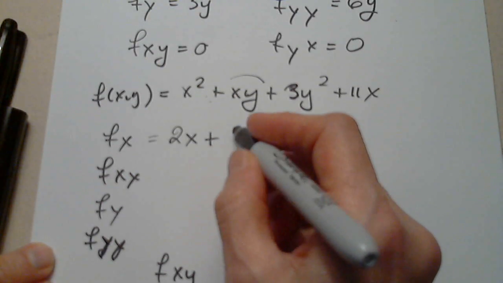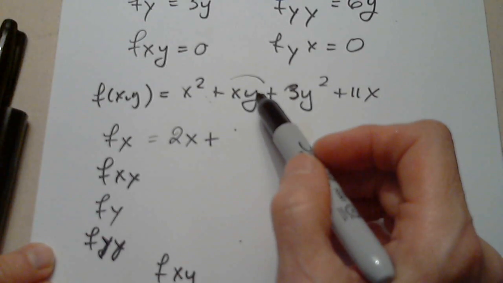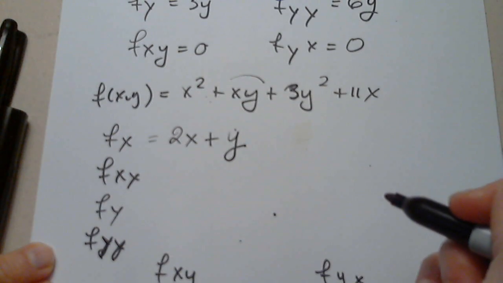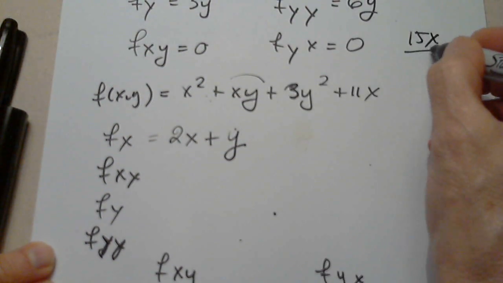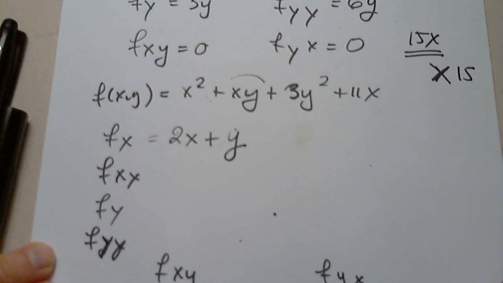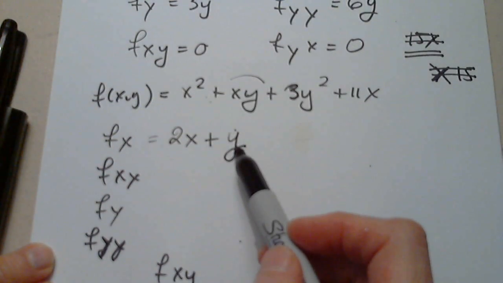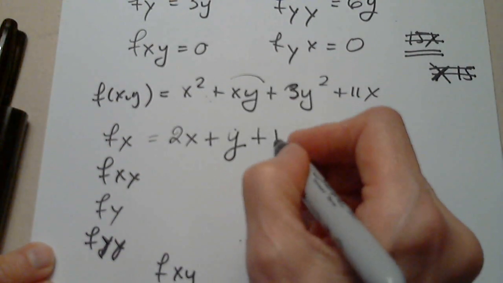Which is x. But if I differentiate x, don't I get 1 times the constant? So if y is 15, when I differentiate this, do I get x or do I get 15? 15. Yes. So that's it. This is 0. And yes, when I differentiate this, I get positive 11. Perfect.